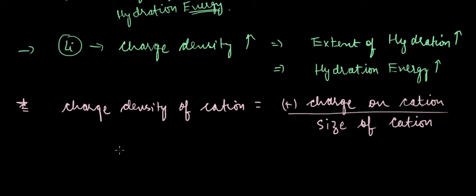When the Li plus cation is hydrated in aqueous solution, a high amount of hydration energy is released, which compensates for its high ionization energy. Hence Li metal has a strong tendency to release valence electrons in aqueous solution compared to Cs metal and acts as a strong reductant.